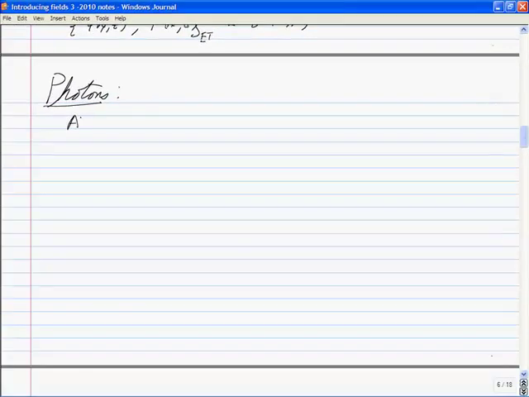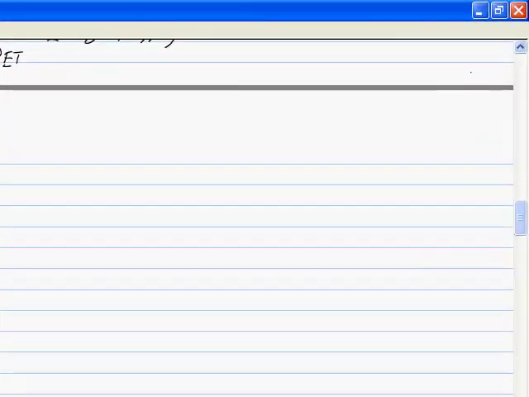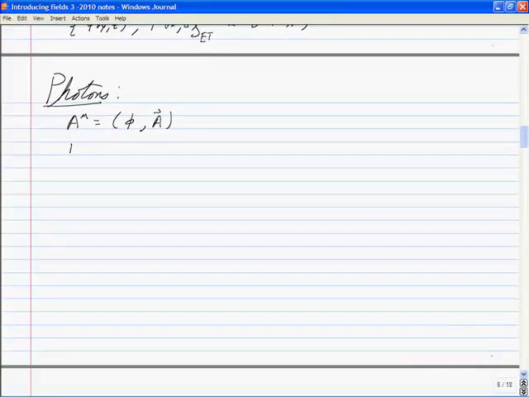So in our notation that we'll use here, our basic fields are the scalar and vector potentials. And they fall into a 4-vector, A mu, which contains both of those fields. The E fields and B fields are derived.